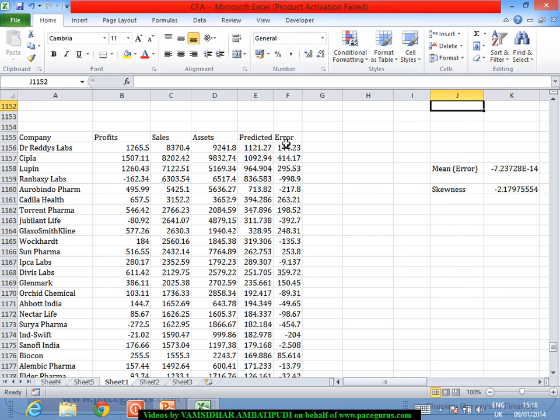So these are some of the key assumptions that we need to be comfortable with as a part of the multiple regression process.